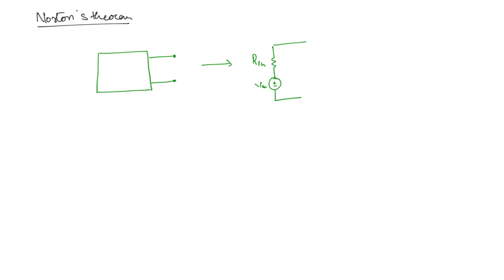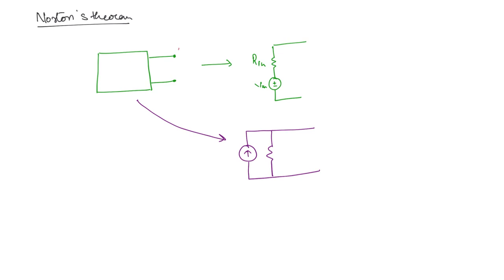Now if you remember from source transformation, whenever a voltage source is in series with a resistance, you can convert it into a current source in parallel with a resistor, right? So from here you can get a resistor which is in parallel with a current source. From this form to this form, this is nothing but the Norton's equivalent form.